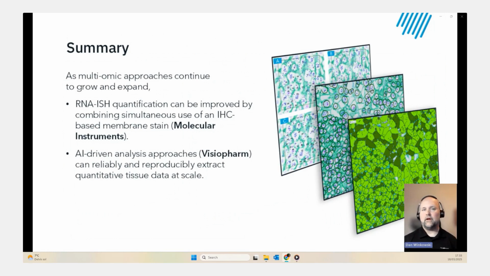What was shown here, and what I hope to have convinced you of, is that by incorporating membrane staining like that from Molecular Instruments into AI-driven segmentation methods that can be developed in the Visiopharm discovery platform, we can achieve more accurate cell boundary detection, improved RNA dot assignments, and increased reproducibility and scalability. Together, all these things represent an important step forward in making spatial biology results more reliable and interpretable.